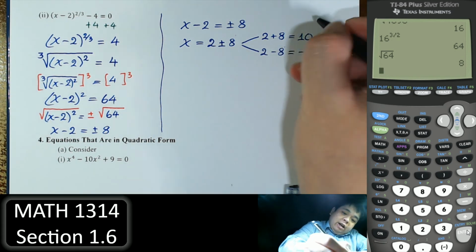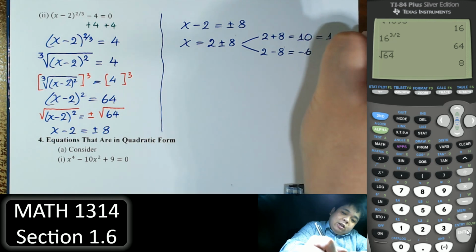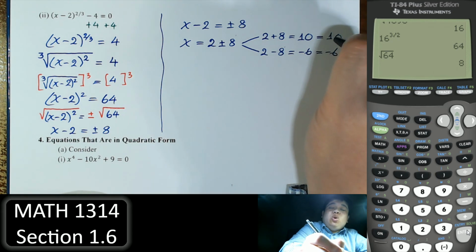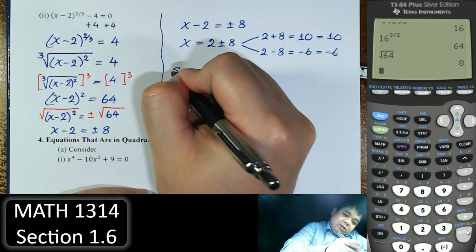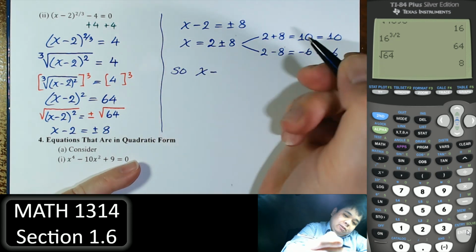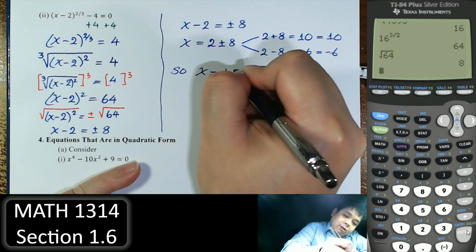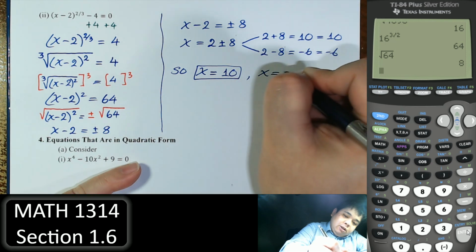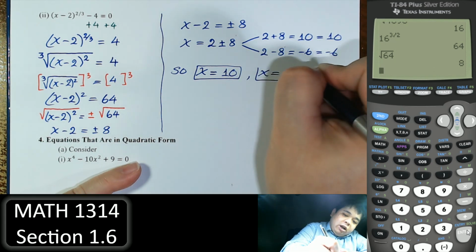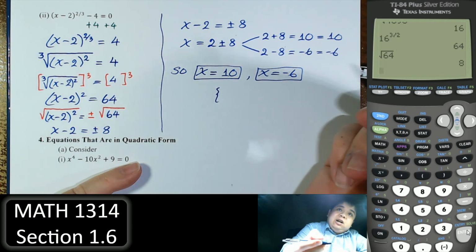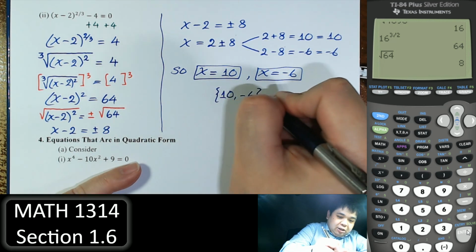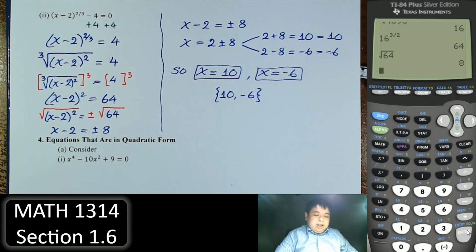So we have x equal to 10 or x equal to negative 6. Notice that this time we cube both sides, so there is no need to check the answer. Or if we want to write it as a solution set, we can just say 10 and negative 6. Either way, that's what we have.